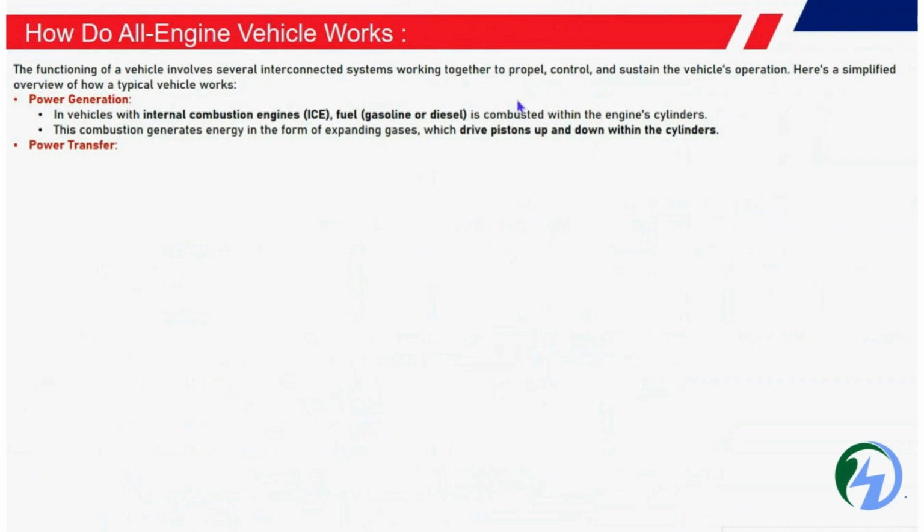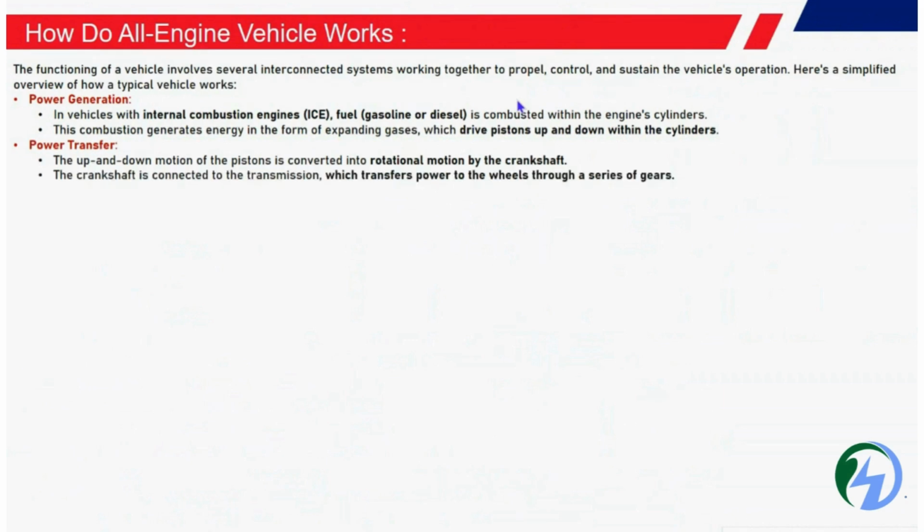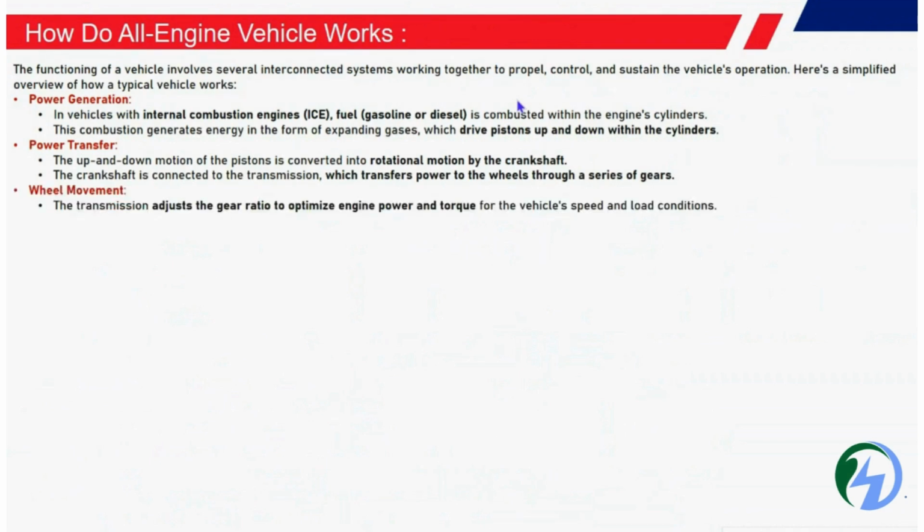Whenever the power is generated, the power will be transferred. The piston's motion is converted to rotation by the crankshaft, and the crankshaft is connected to the transmission, which will transfer power to the wheels through a series of gears and wheel movement. Once the power is generated, the wheel will start rotating based upon the acceleration we are giving.